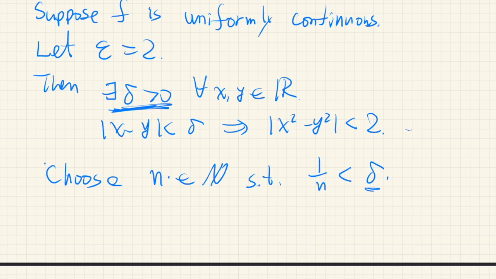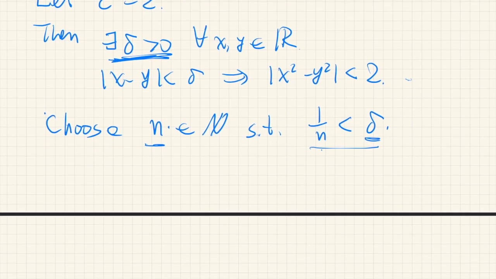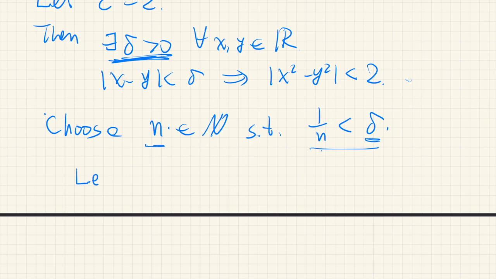So for that delta, let us choose a natural number n so that 1 over n is less than delta, which is always possible due to Archimedes' principle. Now, using this n, let us define x to be n plus 1 over n and y equals n.